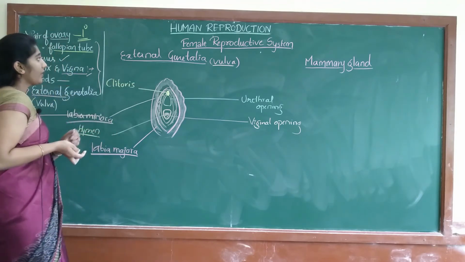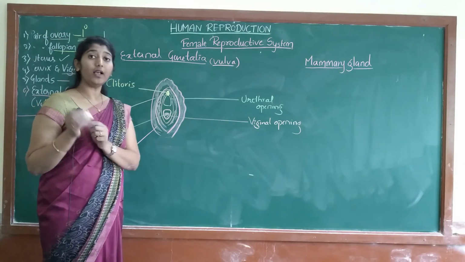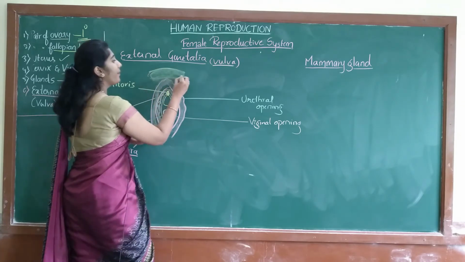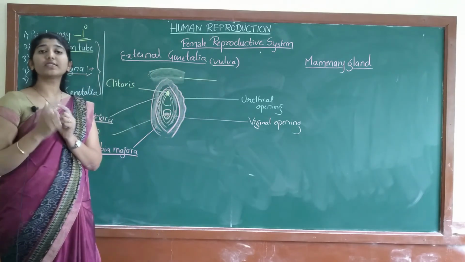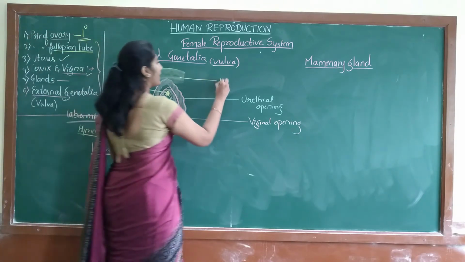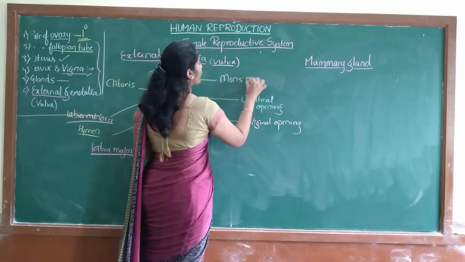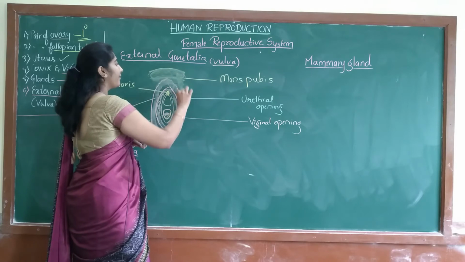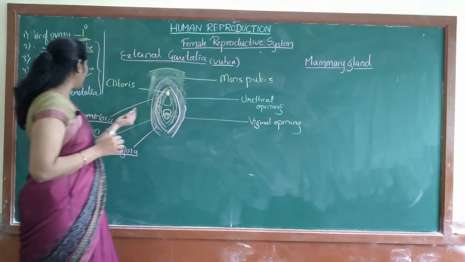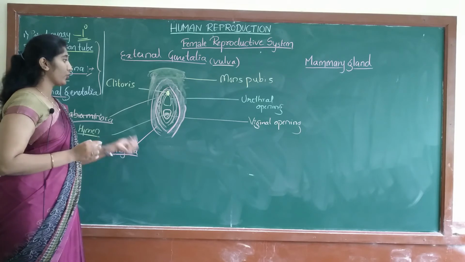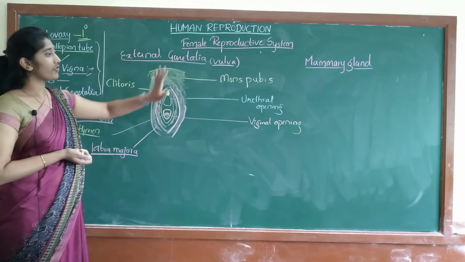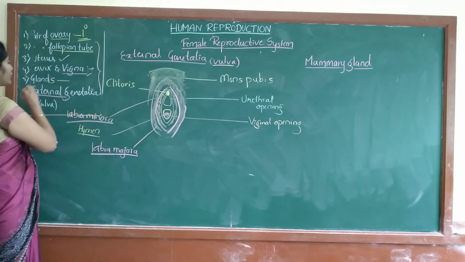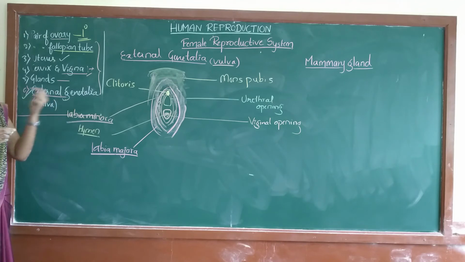So this is about external genitalia, and also there is a cushion of fatty tissue which is covered with the pubic hair, that is called the mons pubis. This fatty tissue runs downwards towards the labia majora. So these are the parts of the external genitalia. Now we are done with external genitalia.